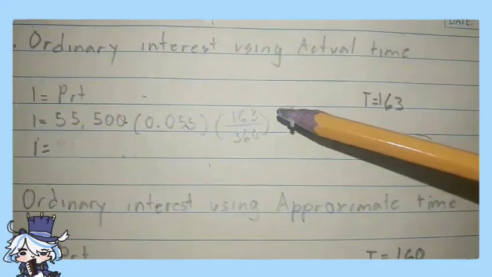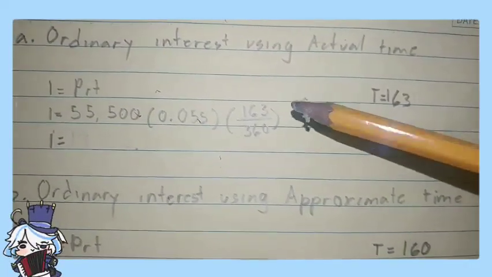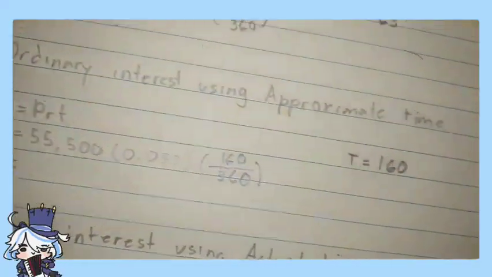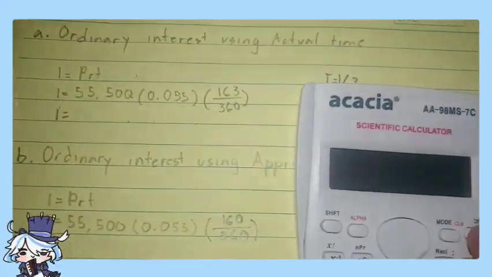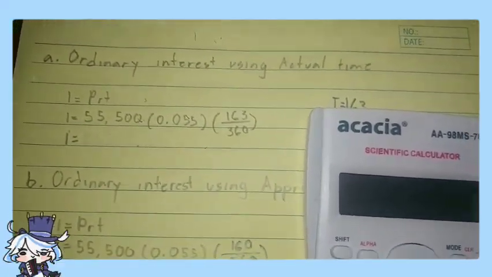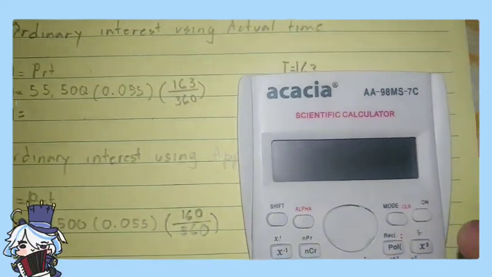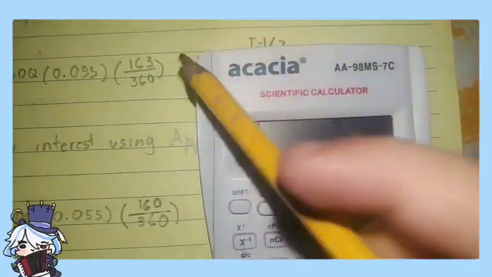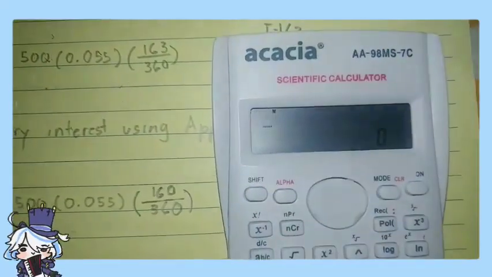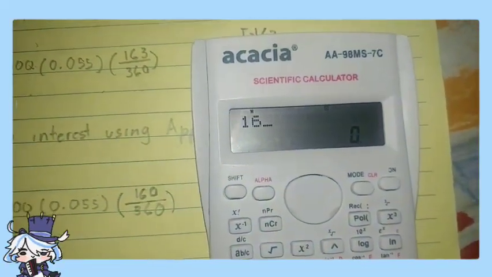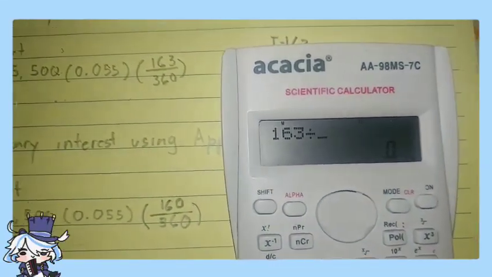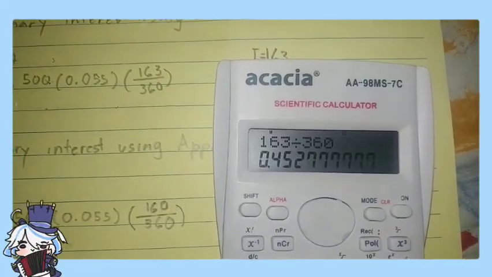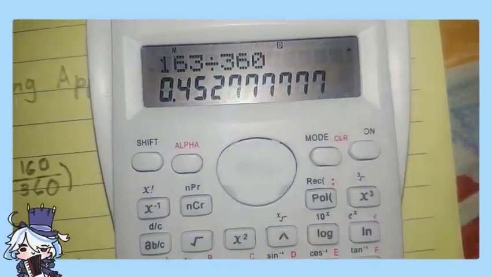But for one-liner, it will be hard. I will show an example. As you can see, this is a one-liner here, and I'm going to solve this. You have to divide this part first. 163 divided by 360 equals to, and it should pop up like that.